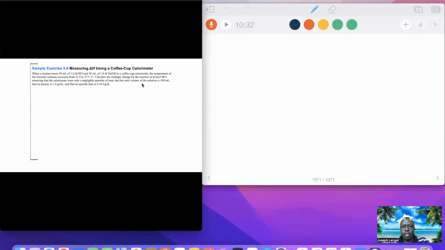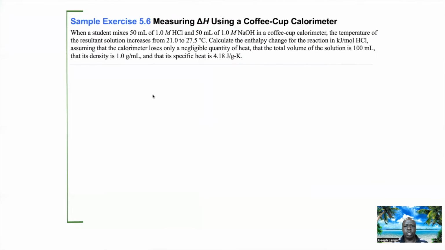This is determination of enthalpy of reaction at constant pressure using a calorimeter, which you will use in the lab, or you may have used in the lab. Since this is an example, I'm just going to zoom in so that you can see the numbers.